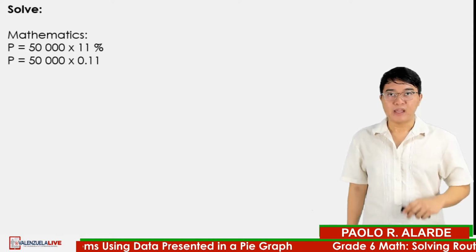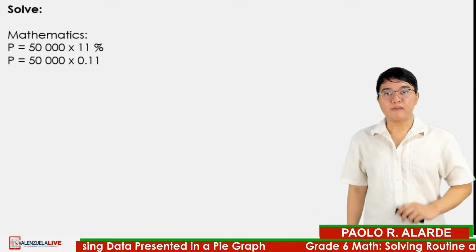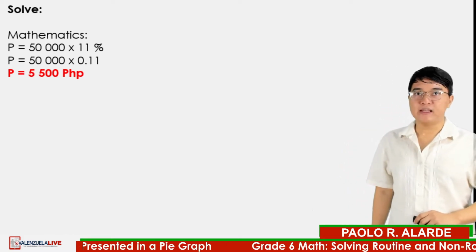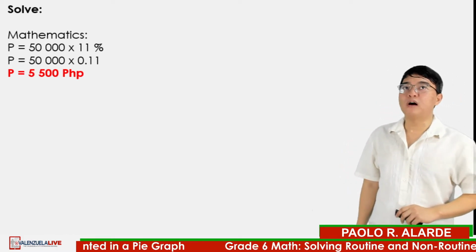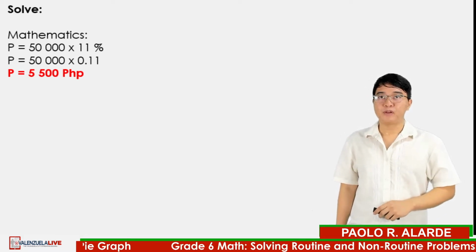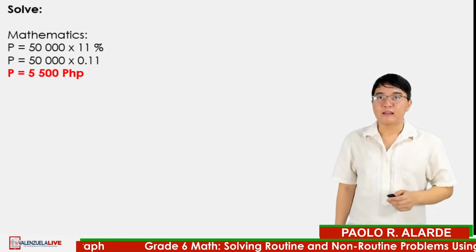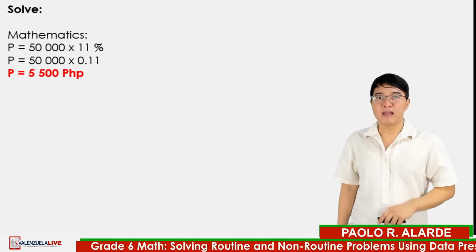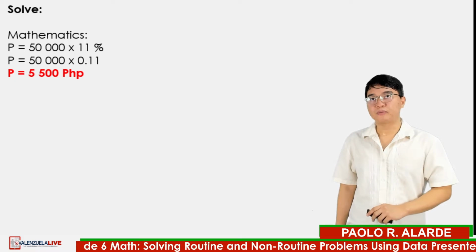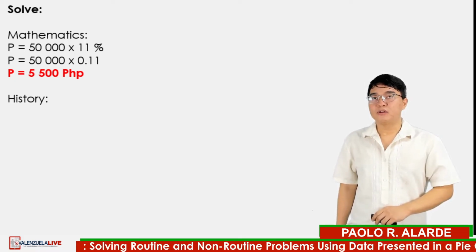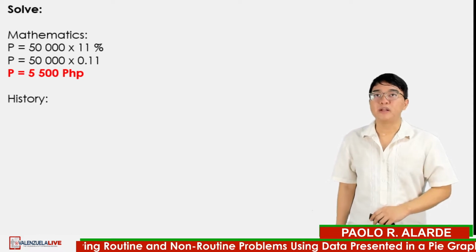So P equals 50,000 times 11 hundredths. And when we multiply it, it will give us a product of 5,500 pesos. So that means that 5,500 pesos should be spent for mathematics textbooks. Now, let us move on to the history.